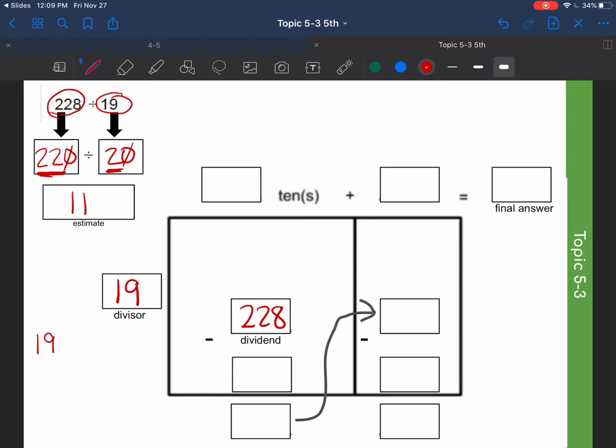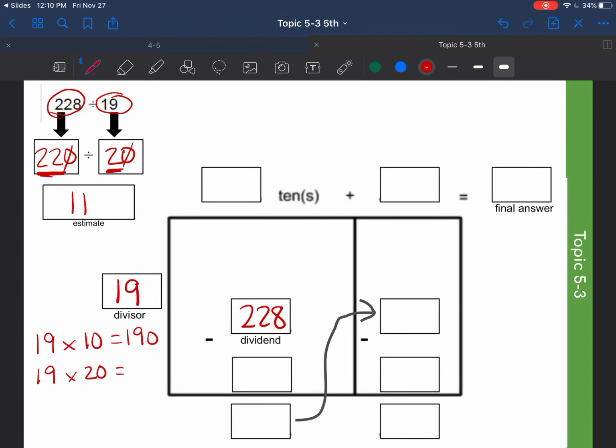19 times 1 ten, which is 10, will give you 190. 19 times 2 tens, or 20, okay? Would that be too much? That would be too much. You would go over that amount, okay? Because you would double 190, that would be way too much.